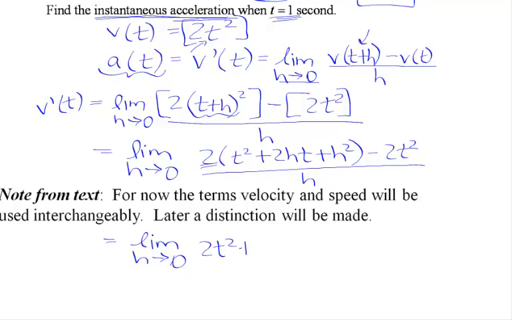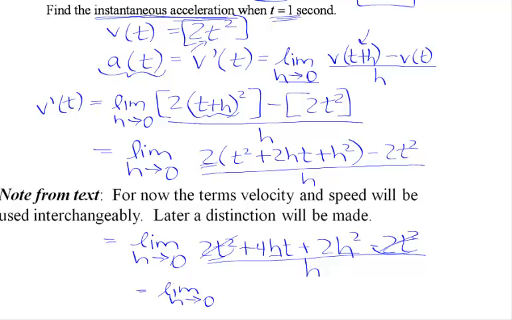So I have 2t squared plus 4ht plus 2h squared minus 2t squared all over h. I'm going to clean up what I can. A positive 2t squared minus 2t squared, those two things cancel. Every other term in the numerator has an h in it. That's what I'm after. So I have h times 4t plus 2h all over h. Wonderful. Now I can take h to 0.